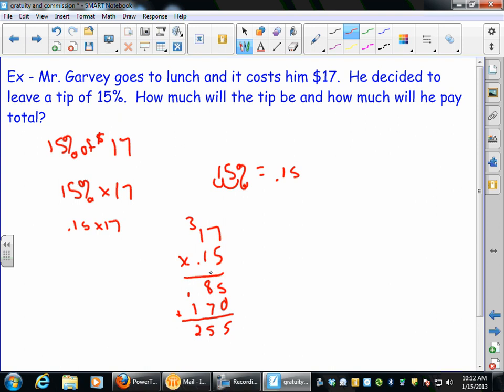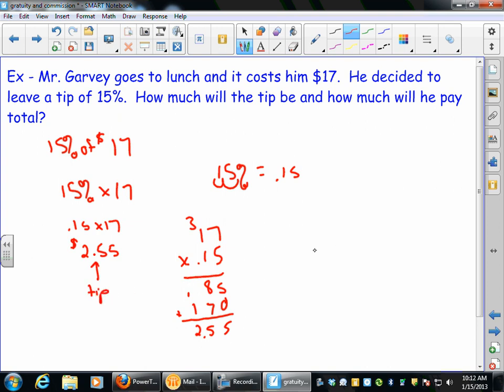How many decimal places do I need? See, none here, 2 there, 2 decimal places. 2.55. Remember, this is money, right? This is $2.55. That is the amount of tip.